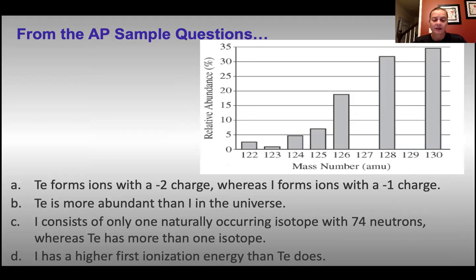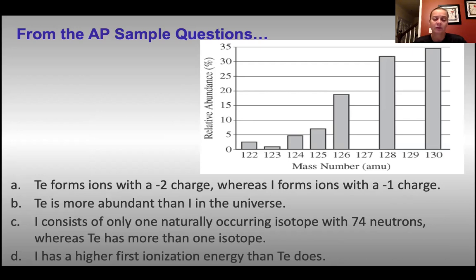The first one says tellurium forms ions with a -2 charge, whereas iodine forms ions with a -1 charge. Well, charge, even though we're charging them, does not have anything to do with mass spec. Tellurium is more abundant than iodine in the universe. That's irrelevant to our sample.